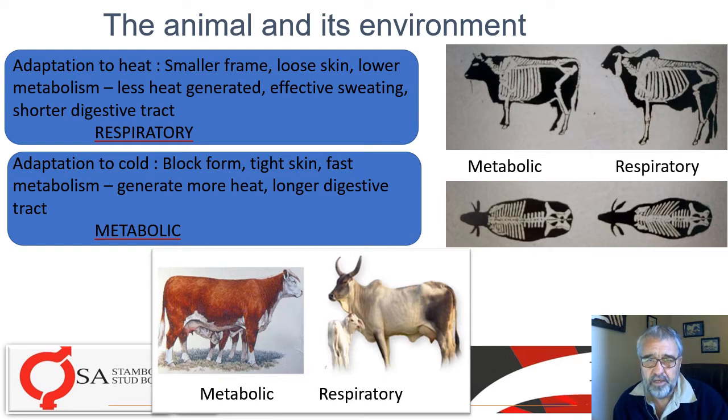They usually have a lower metabolism, to keep the heat increment down and not generate too much heat in the digestion process. They are usually effective sweaters. They get rid of the excessive heat more efficiently. And they usually have a shorter digestive tract, and that also equates to less heat generated.